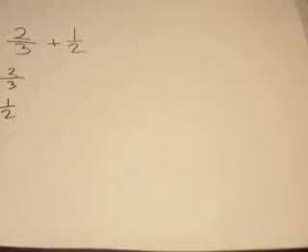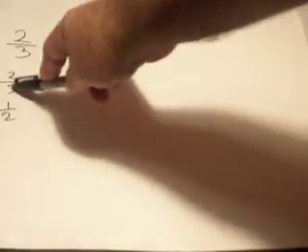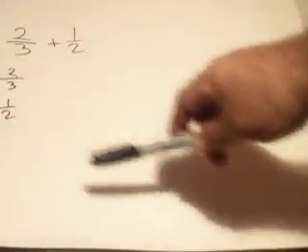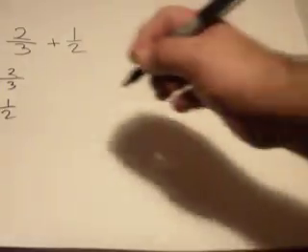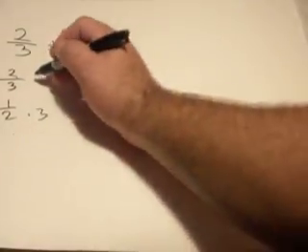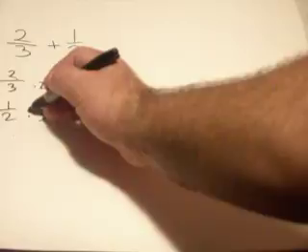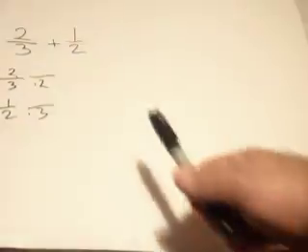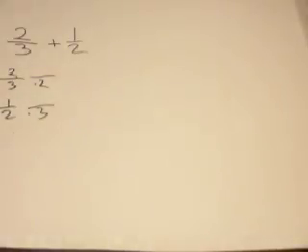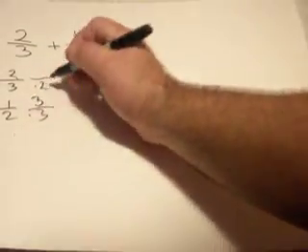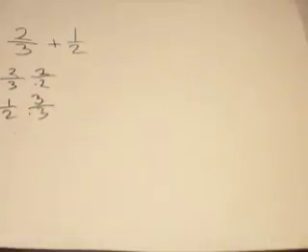The nuclear option is to multiply this denominator by that denominator, and that denominator by that denominator. So the 2 we're going to multiply by 3, and the 3 we're going to multiply by 2. And see what we wind up with. And again, because we can only multiply by 1 without changing the actual fraction, this is going to be 3/3, and this is going to be 2/2.